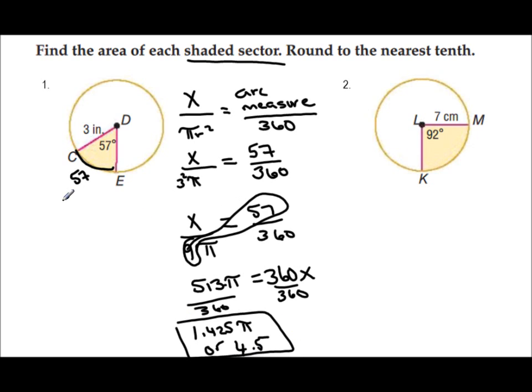So the area of this sector is going to be either 1.425 pi inches squared. Remember, area is square units. Or you can say 4.5 inches squared.